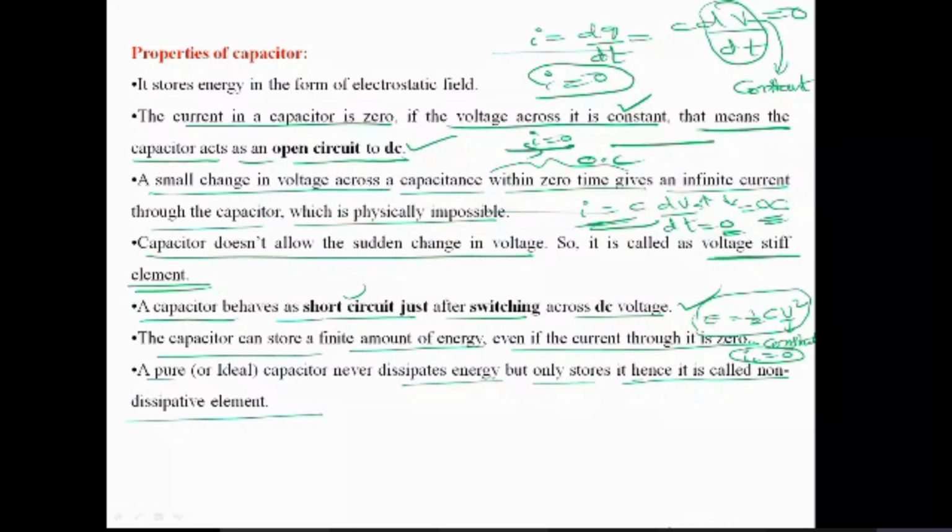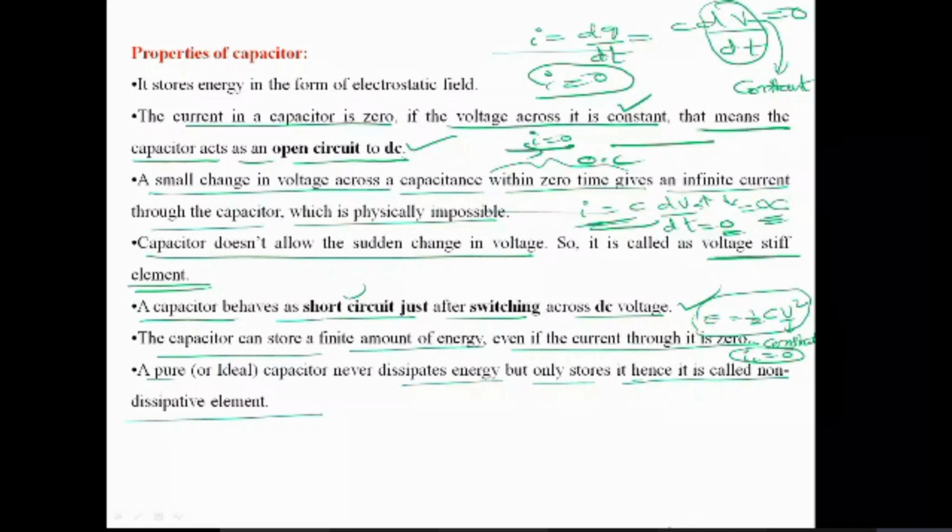And in case of a capacitor, I is equal to C dV by dt, or V is equal to 1 by C integral I dt. Both are one and the same, right? So this is the voltage current relationship for the passive elements.